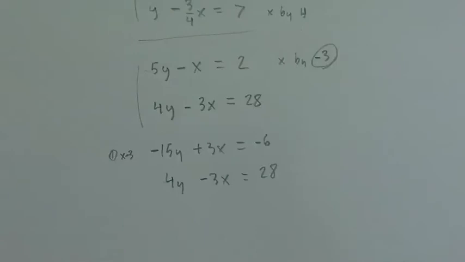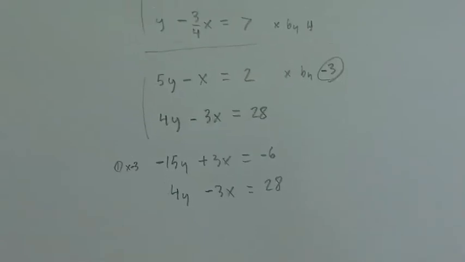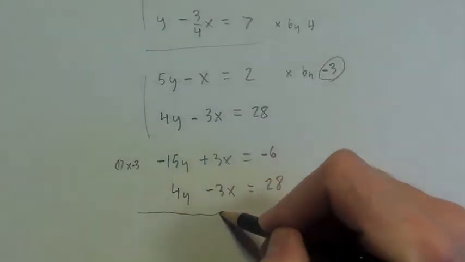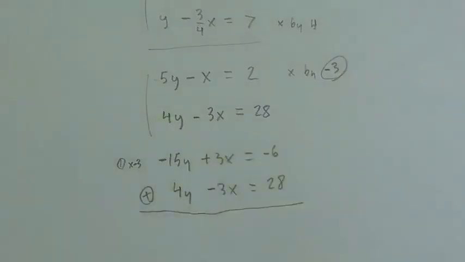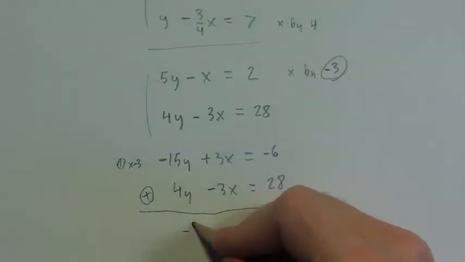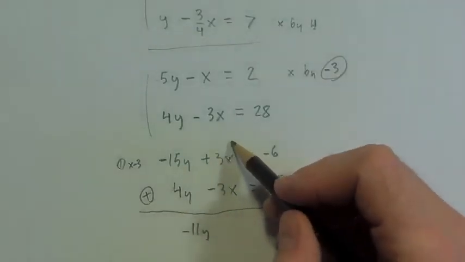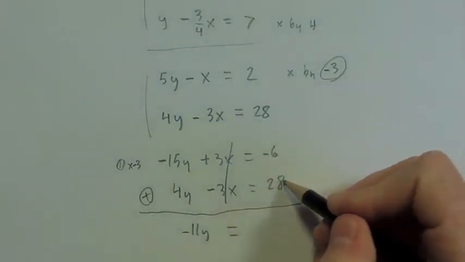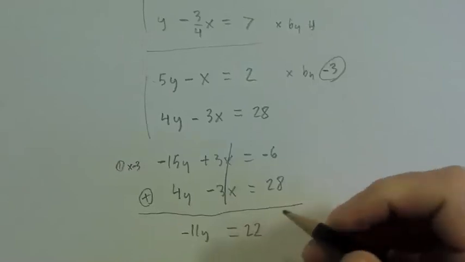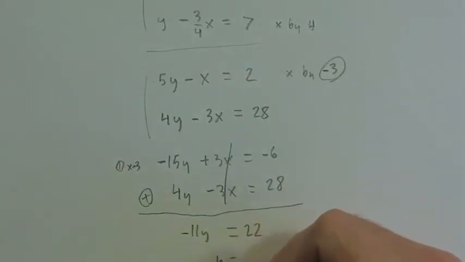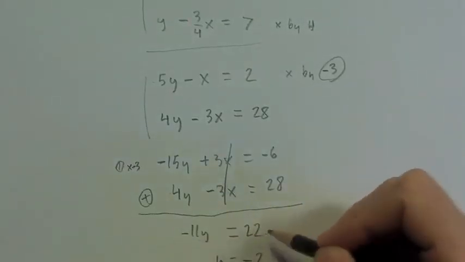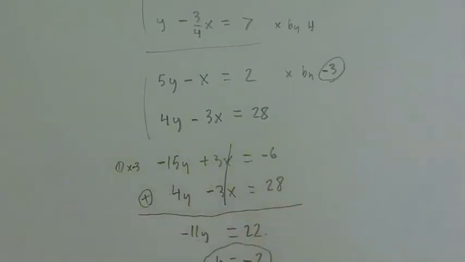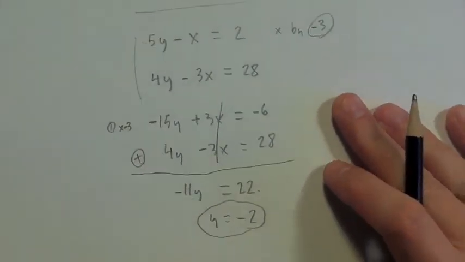Okay? So, from here, when I add these things together, the negative 15y plus 4y will become negative 11y. The 3x minus 3x will cancel, and then the negative 6 plus 28 will end up being 22, so y is equal to negative 2 when I divide both sides by 11. Okay. And then I'm actually going to do a half and half.